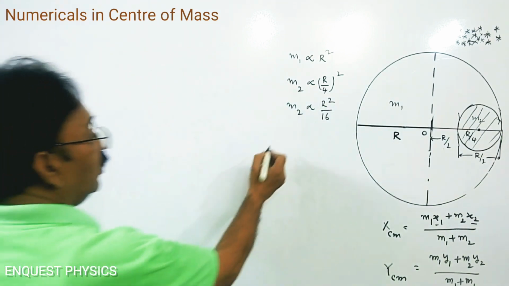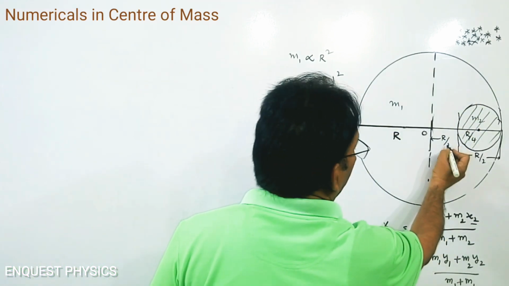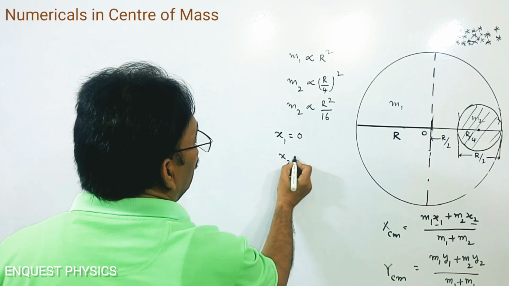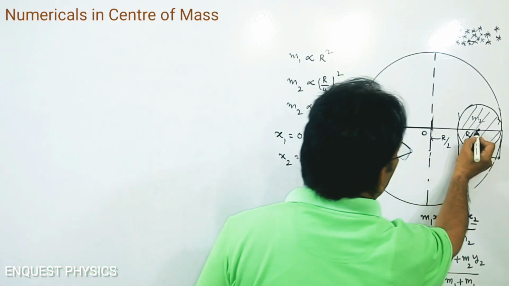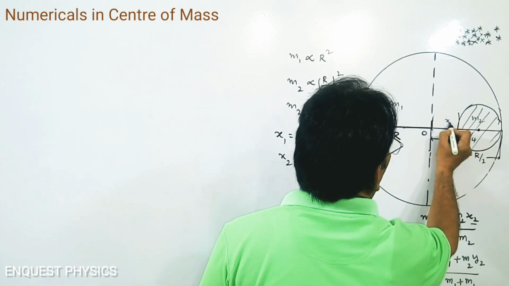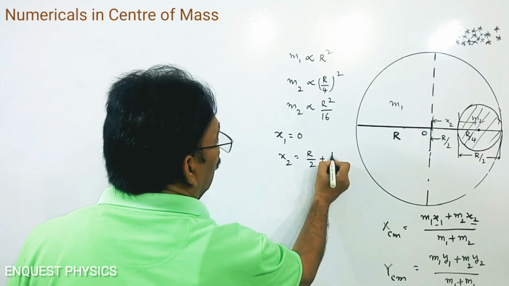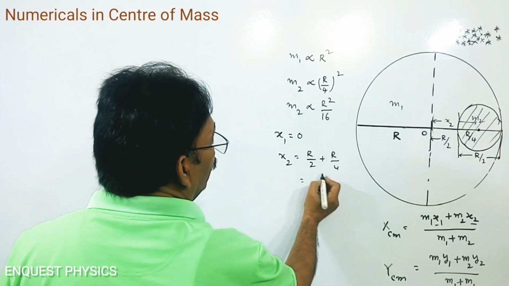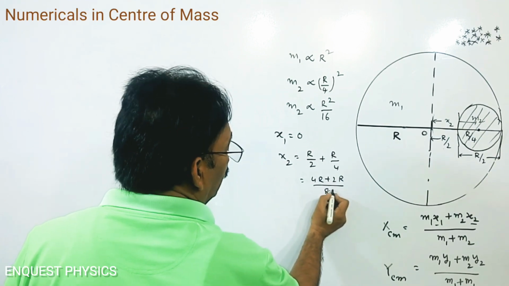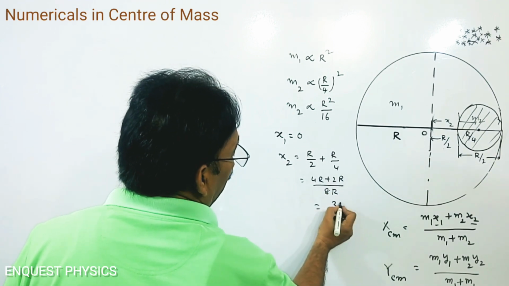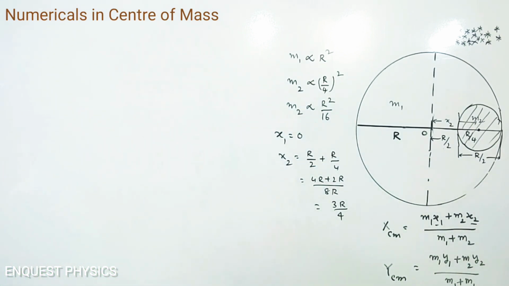Then after we have to find out the x1. x1 is equal to 0. Then we have to find the x2. x2 might be equal to r by 2 plus up to here. This is the distance x2. Okay students, r by 4, it is 3r by 4 and remaining is easy students.